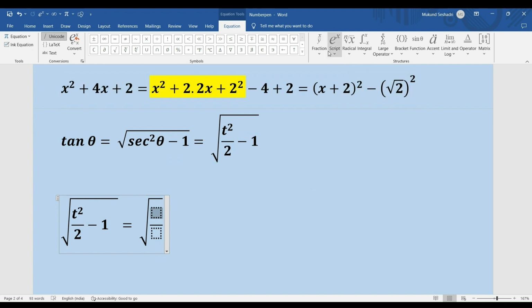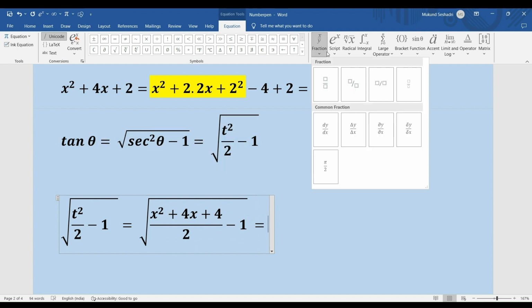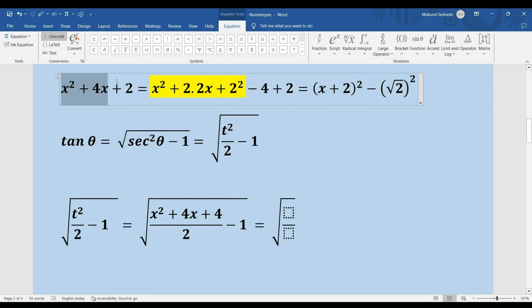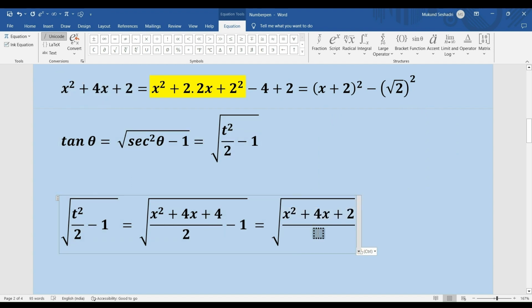So I can write that as it is, and then I have a divided by 2, and I get a minus 1 out here, right? And I know that if I make the common denominator for the expression inside the square root as 2, what do I get? My entire expression will become x squared plus 4x plus 2 divided by 2, right?